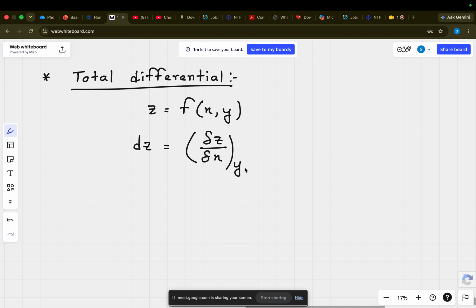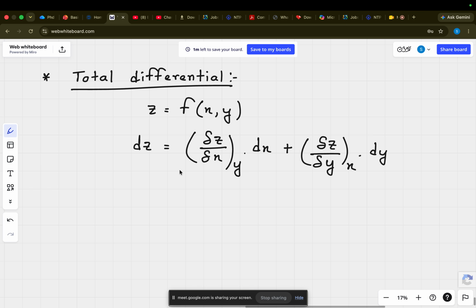So here y is constant, into dx, plus del z by del y. Now I am differentiating with respect to y, so the other variable will be constant, into dy.